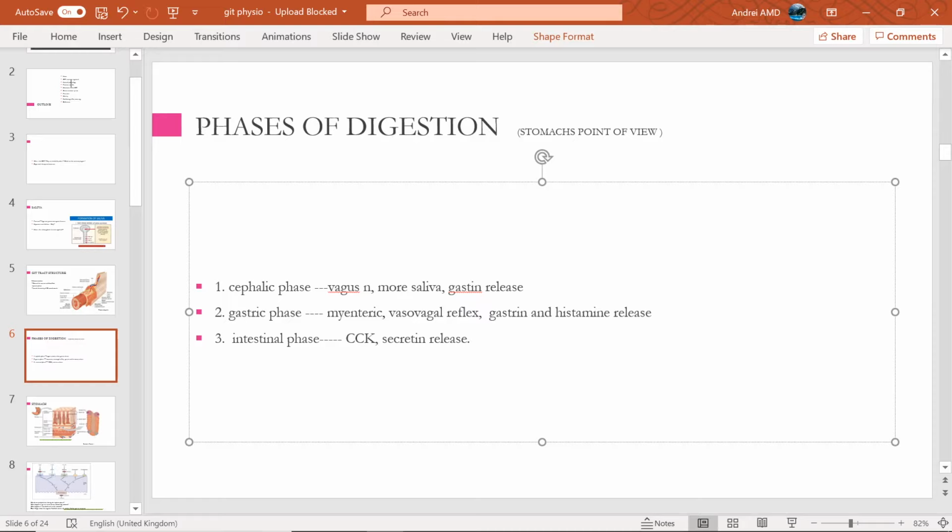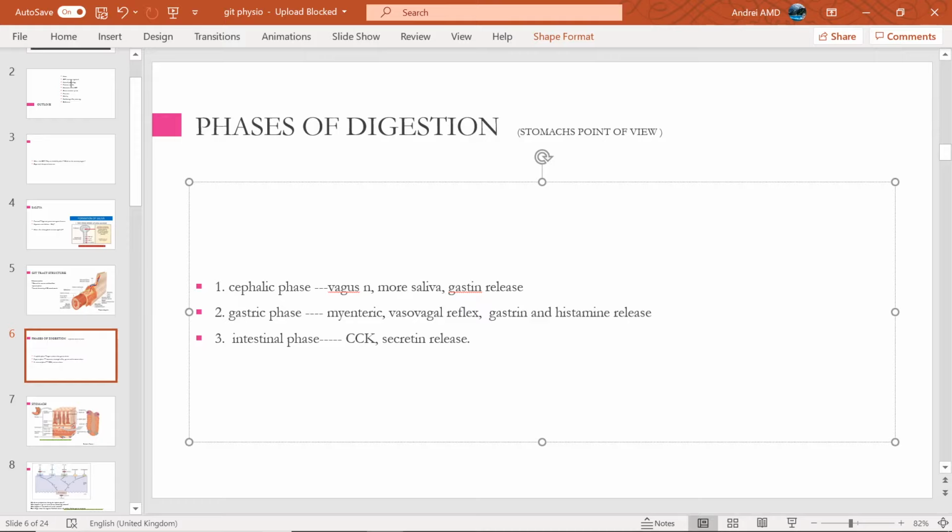We'll talk about it later. And this is the intestinal phase where your gastric content goes to the intestine. Since you secreted a lot of acid in the second phase, you have to neutralize it or put it back to normal.